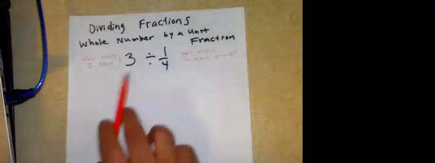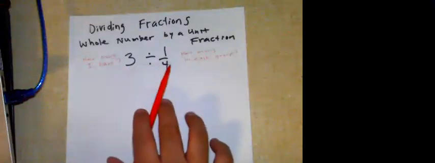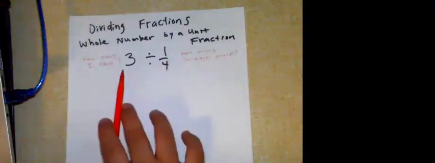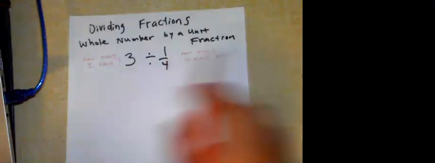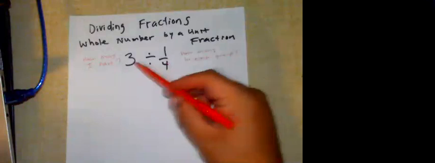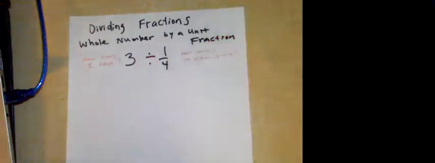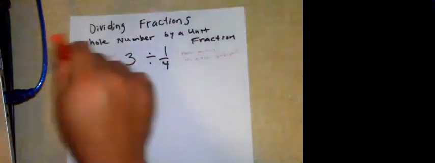So we're taking this 3 and we're dividing it by 4ths. You're going to write it like this, 3 divided by 1/4. So let's go ahead and show a couple different ways of how that would look.